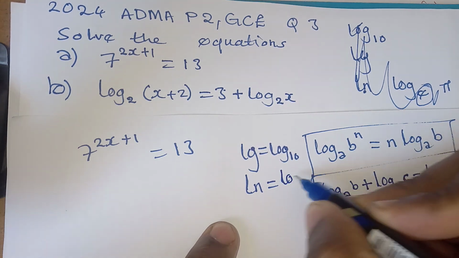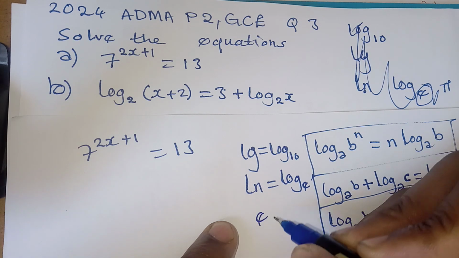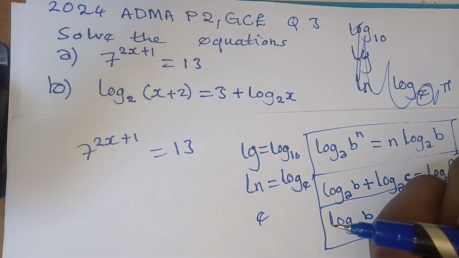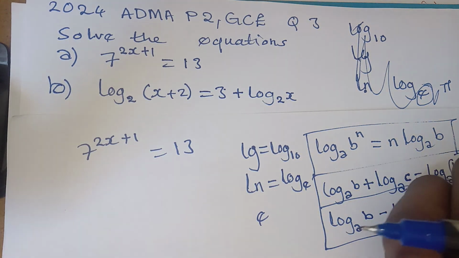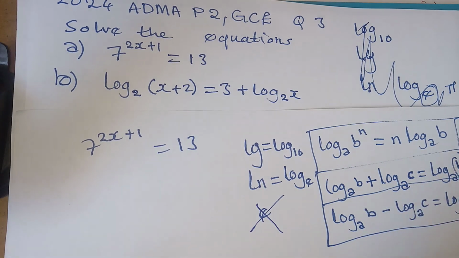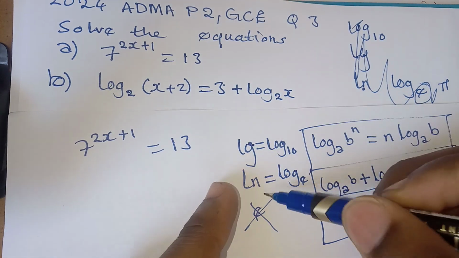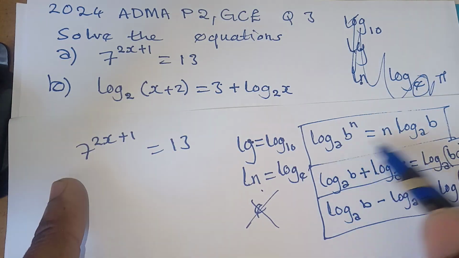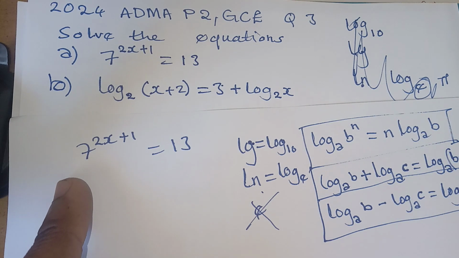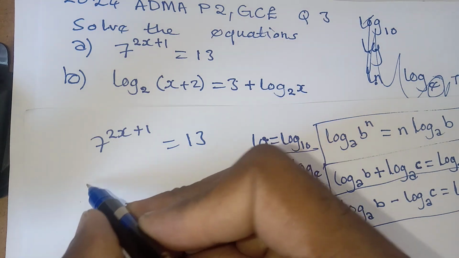This one is a log whose base is e, where e is some constant in mathematics. It's an irrational number, more like pi, but for now we can forget about the e. So you can either introduce this or this to both sides and then apply this rule. The rest is porridge. So I'll use this one.